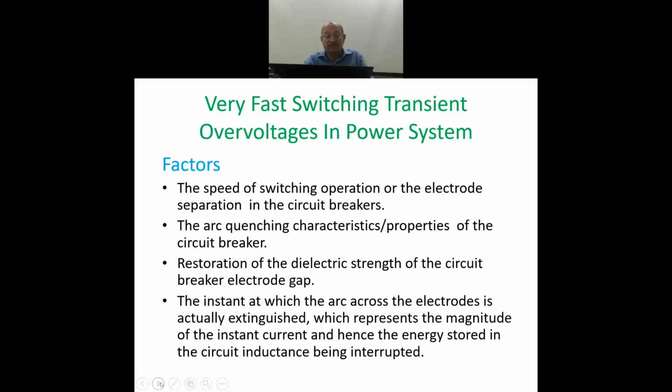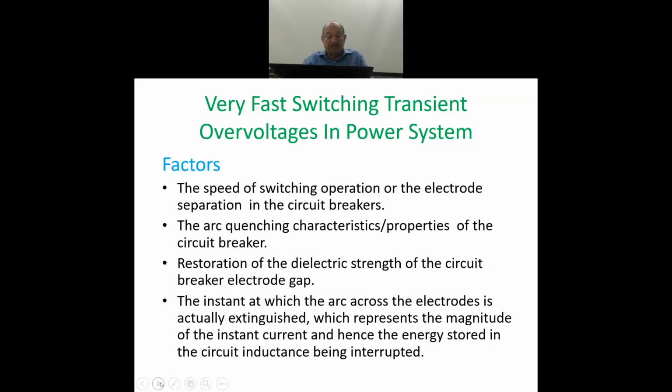Restoration of dielectric strength of the circuit breaker electrode gap is very important. The dielectric strength of the gap should be restored in a better way so that reignition or the loss of insulating properties of the gap does not take place.